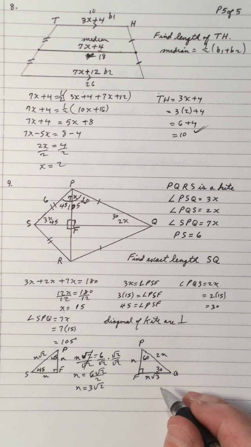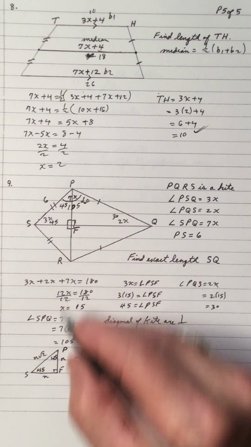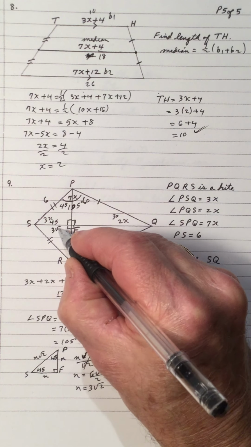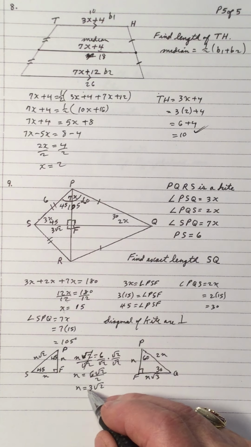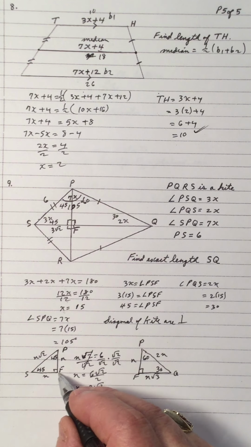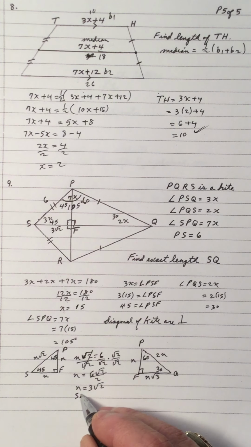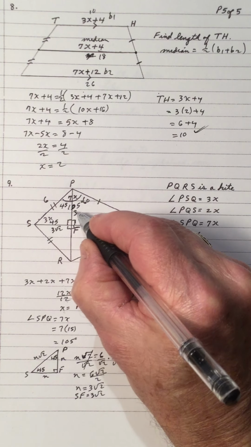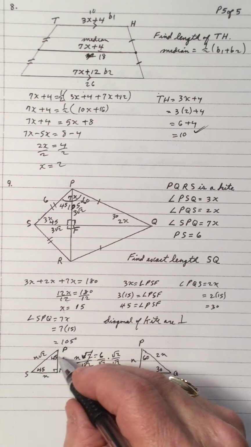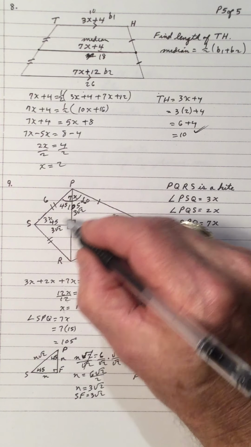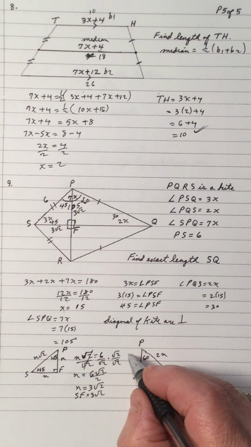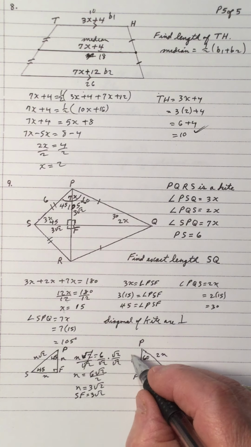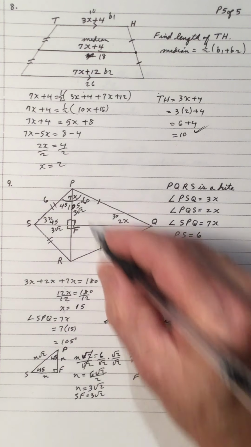So if you notice that if this side right here is 3 root 2, so that's SF is 3 root 2. That means that this side is 3 root 2, because the two sides are equal in a 45 right triangle. So that means that PF in this triangle, PF is 3 root 2.